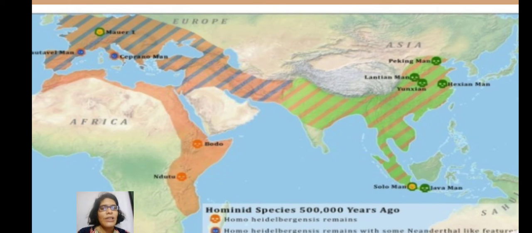This shows that early men lived in these areas, because remember that at that time there was no name such as Africa, places where their names were not there. The early men did not know where they were staying. Okay, so these were the places from where we have got the remains of early men.